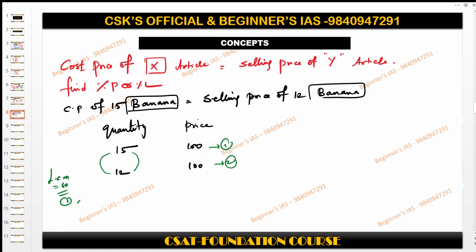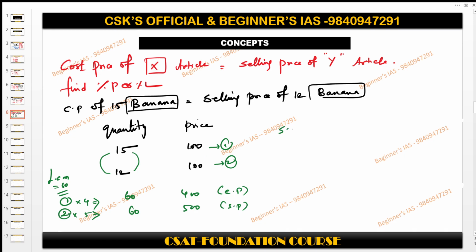Now first equation into 4, here 60, so here 400. Now second equation into 5, 60, here 500. So this is with respect to cost price, this is with respect to selling price.